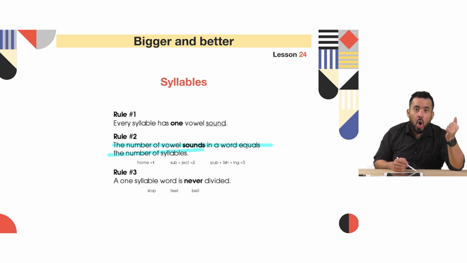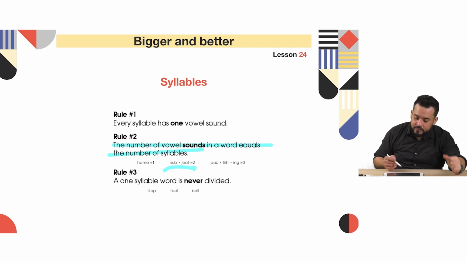Home, that's one syllable, it has an O sound. Subject, that's two syllables. It has two vowel sounds, which is uh, subject, and eh, act.